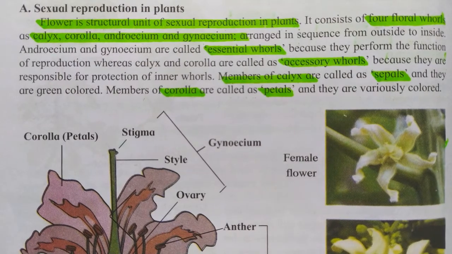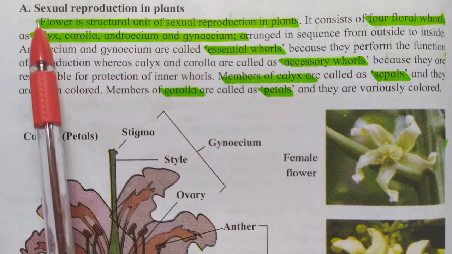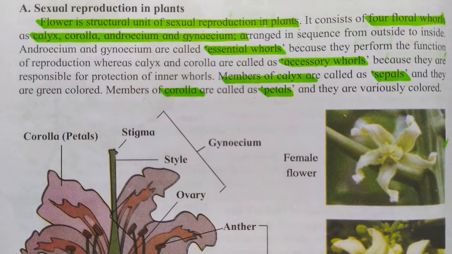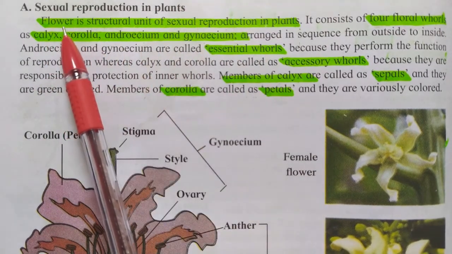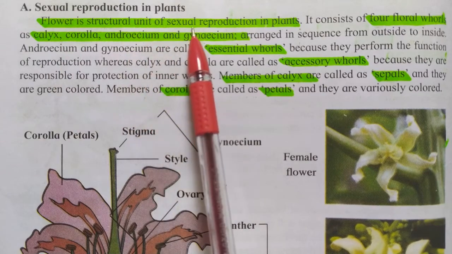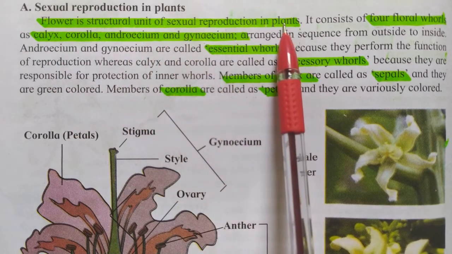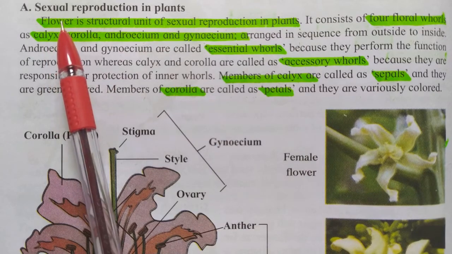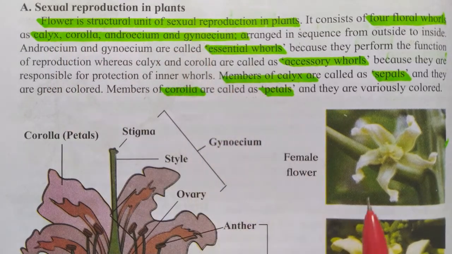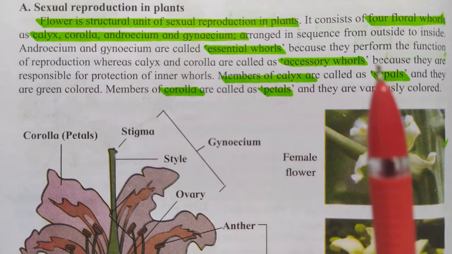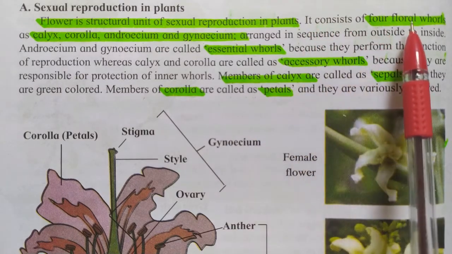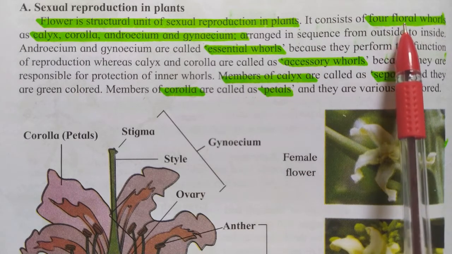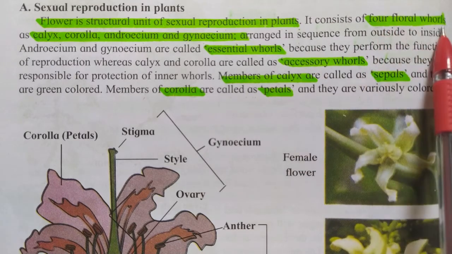Now the first part in sexual reproduction that we are going to study is sexual reproduction in plants. For this purpose, it is said that the flower is the structural unit for sexual reproduction in plants. That means flowers are responsible for sexual reproduction in plants. A flower consists of four floral whorls.